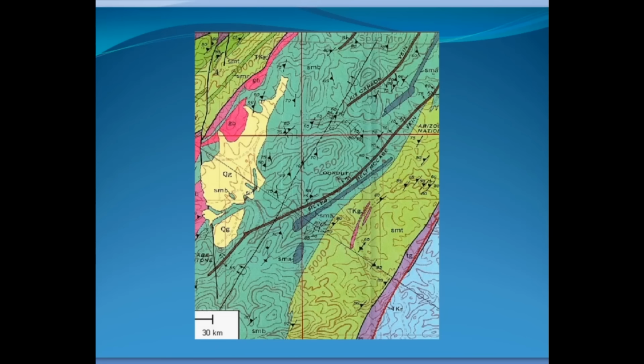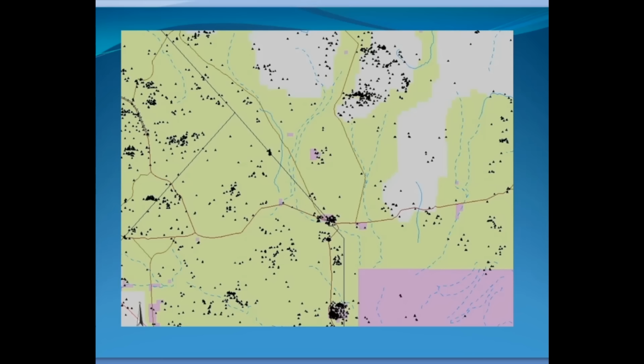This is an area in the Bradshaw Mountains, and the darker lines that go across here are actually veins, gold and silver bearing veins that were mined in the early days, and tracing them outside of their main area of mining may be productive for you.